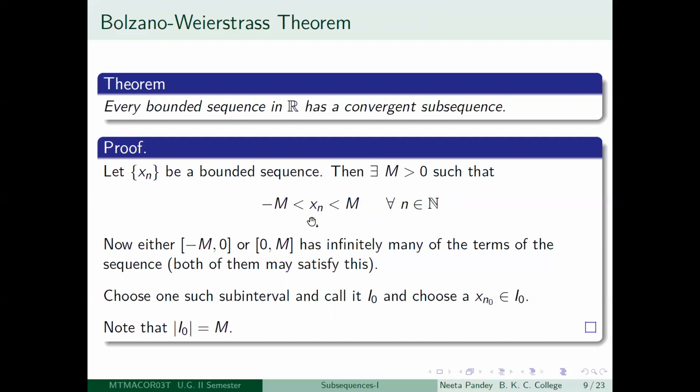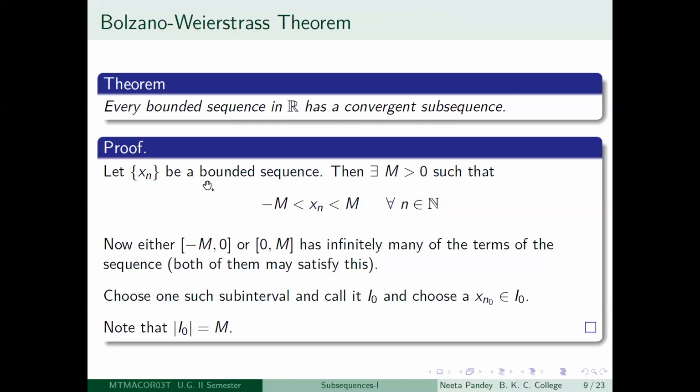So that means xn lies in the open interval minus M to M. This was not necessary; I could have taken less than or equal to also, but it is okay. So now all the terms of the sequence lie in this open interval minus M to M. You consider the closed interval minus M to M.